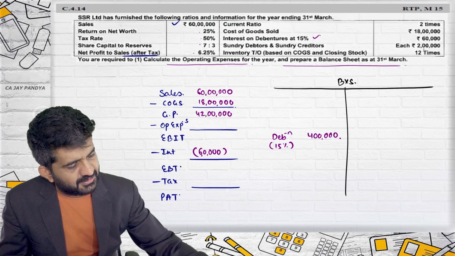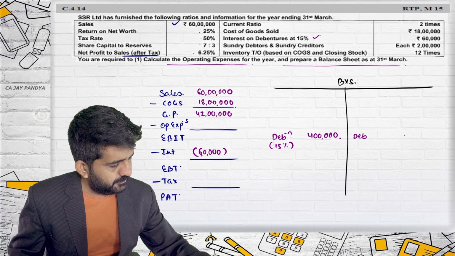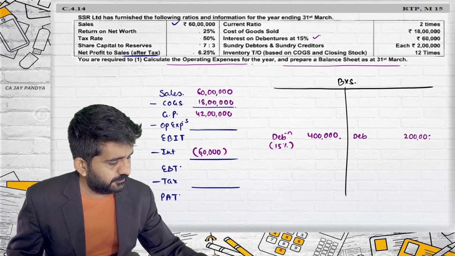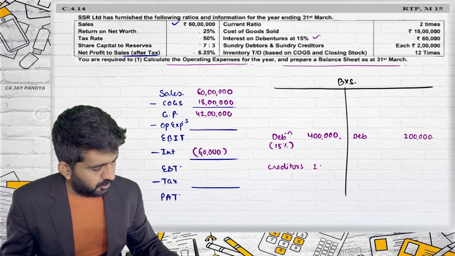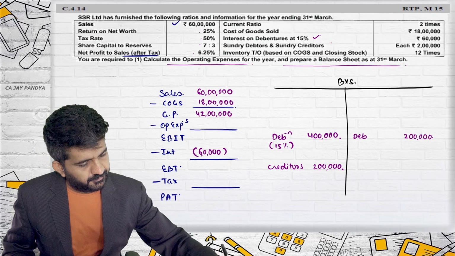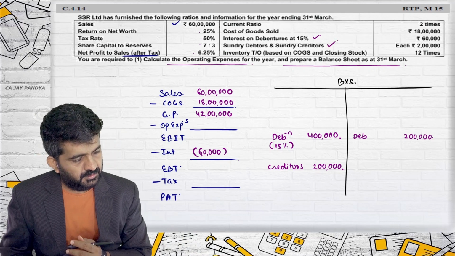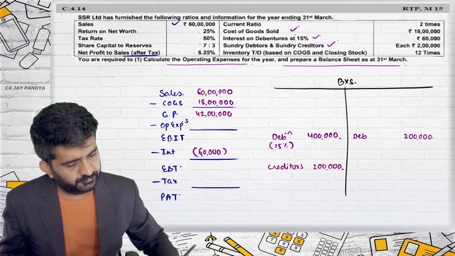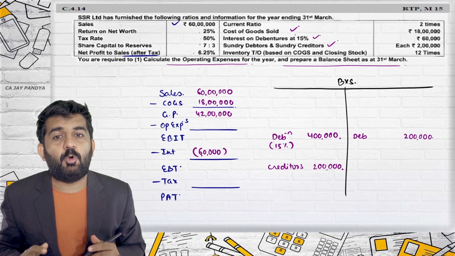Sundry debtors and sundry creditors each are 2 lakhs. So debtors are 2 lakhs, creditors are also 2 lakhs.